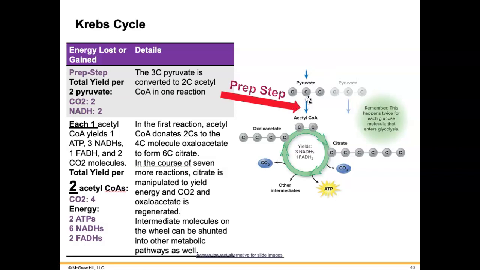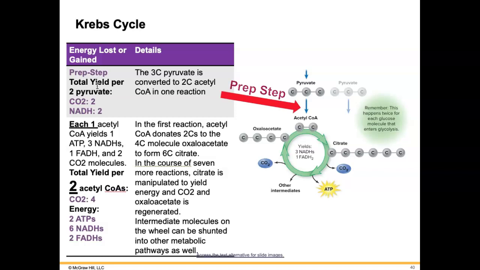In the prep step, one of the pyruvates is converted to acetyl-CoA, and this happens over here. This is not just happening in one spot in any kind of organism. It happens in many different areas at many different times all at once. So this pyruvate is converted to acetyl-CoA and then enters the Krebs cycle, and this one over here is converted to acetyl-CoA and enters the Krebs cycle somewhere else.